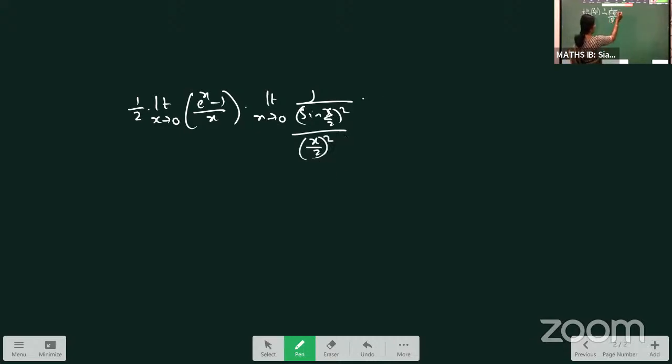And this 4 goes to the numerator. So 1 by 2 into limit e power x minus 1 by x is 1, limit sin x by x also 1, into 4 will be there. 2 ones are 2, 2 twos are 4. So what is the answer here? 2.